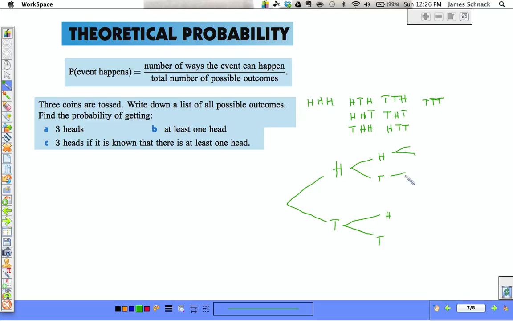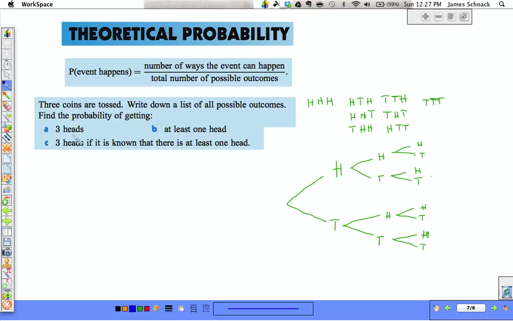Then we continue this on, heads, tails, heads, heads and tails. And then once we're done here, it's just a matter of following each branch to write down all of these possibilities.